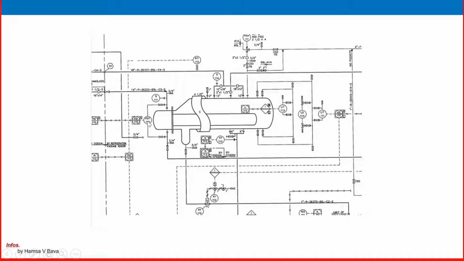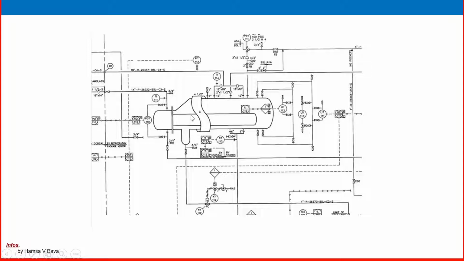And here also the PDT. If the differential pressure on the shell side is increasing, in the control room it shows a differential pressure alarm high. So it is confirming that the shell side and tube side are leaking, both fluids are mixing together, and shell side pressure is increasing. So maybe the tube has a leaking problem or some other problem is there.